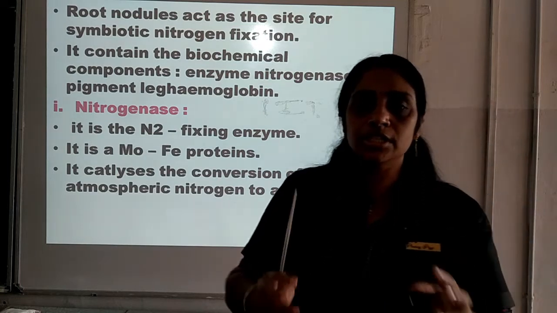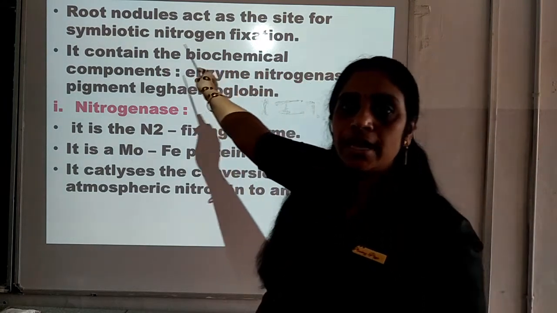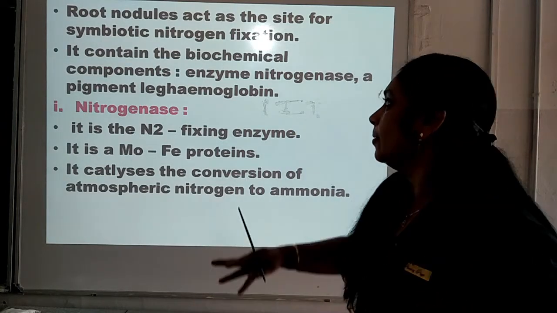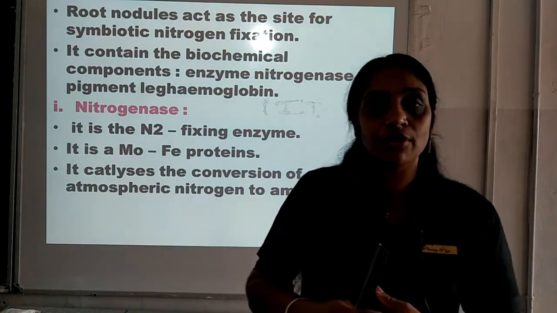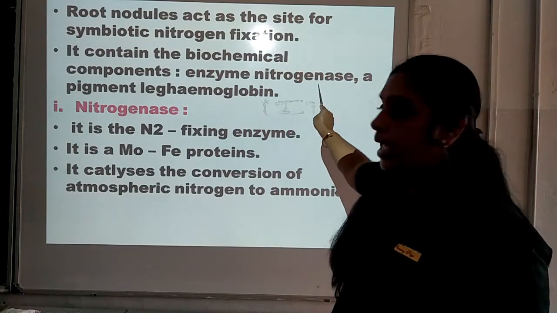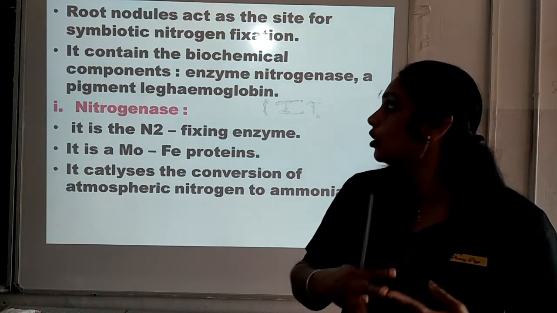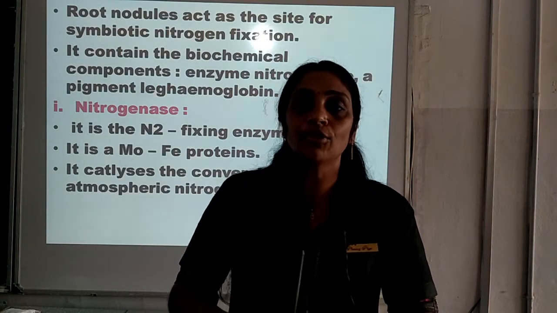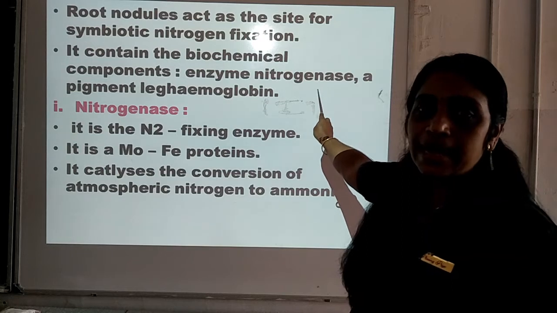The root nodule formed with the help of the bacteria rhizobium acts as a site for symbiotic nitrogen fixation, and these two biochemical components, number 1 enzyme nitrogenase and number 2 a pigment like hemoglobin, are present in the root nodules of leguminous plants, helping to fix atmospheric nitrogen.